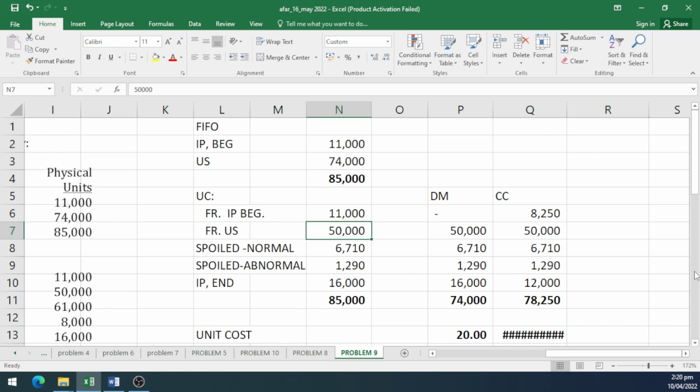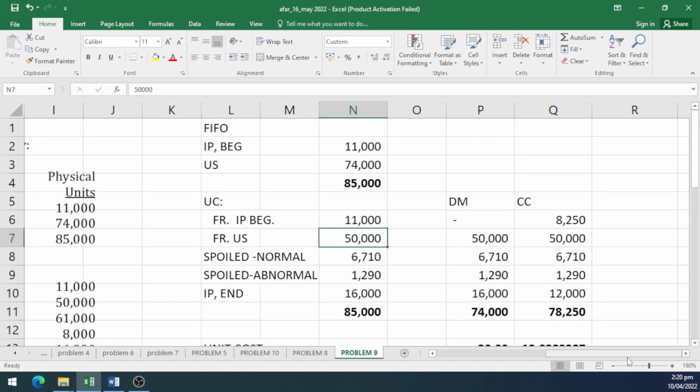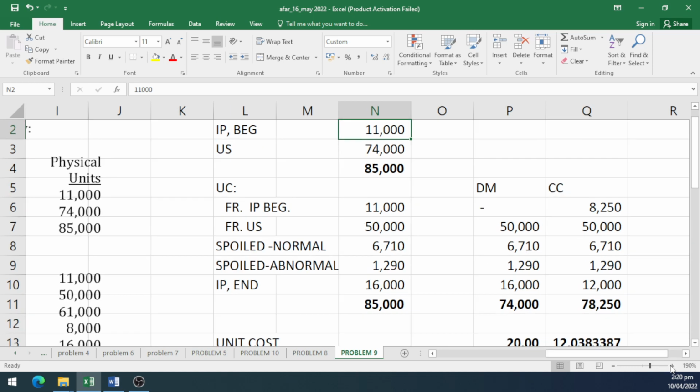We summarize the physical flow of units first. IP beginning is 11,000. Units started, 74,000. So, 85,000 ang total units in the process. At dahil 5 po ito, yung ating units completed na 61,000 ay we will separate that into 2 blocks.